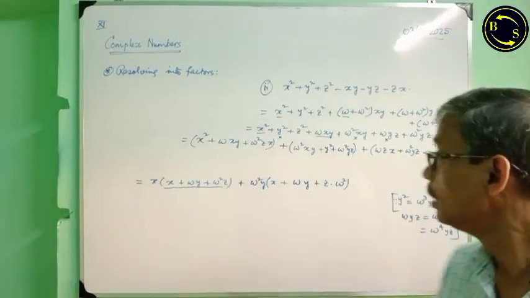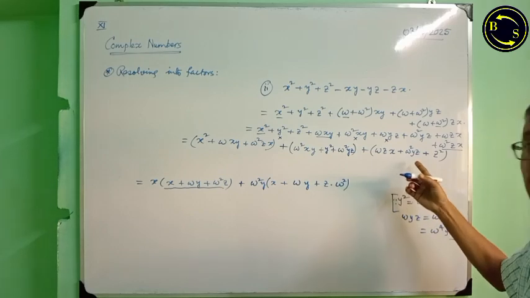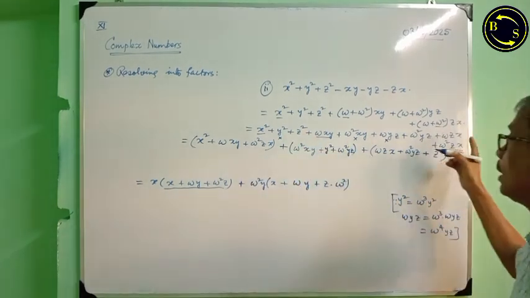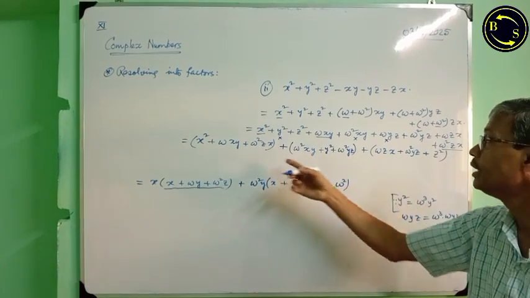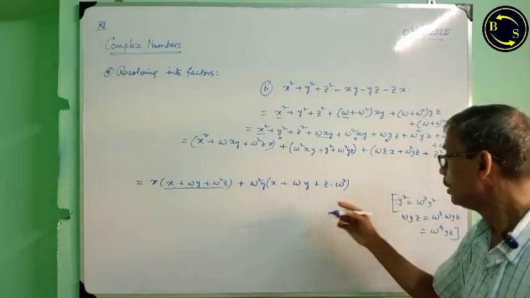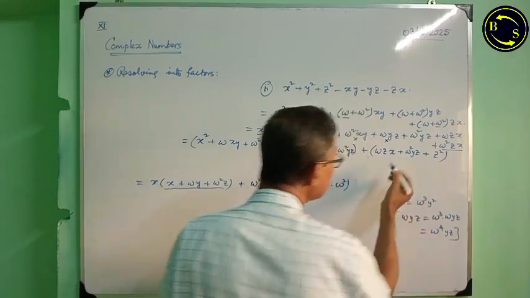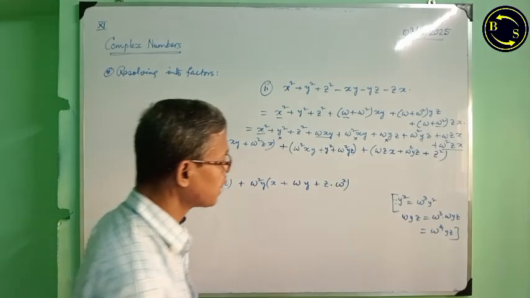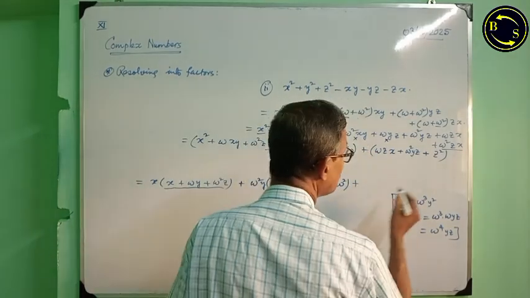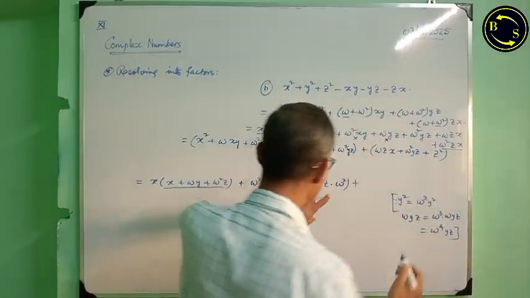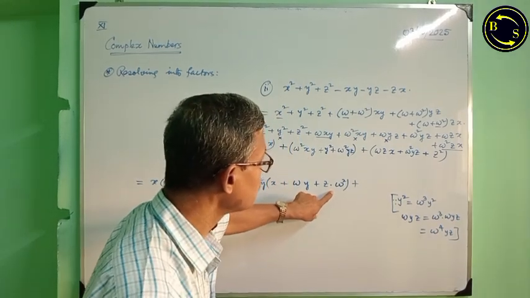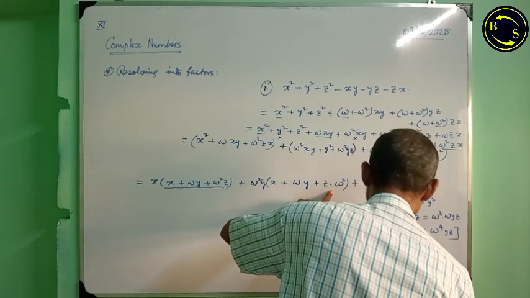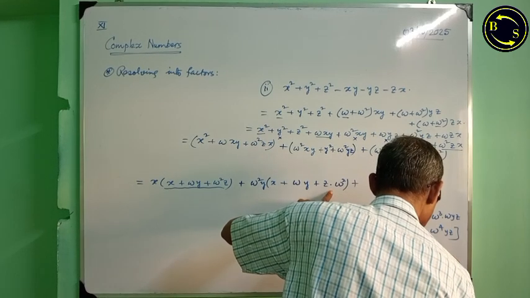This part you have to think a bit: how these 9 terms are to be grouped. Now from these three, which one is to be taken as common factor? Plus, you see z square is there, we are to get z omega square, therefore z square can be written as omega cube z square.